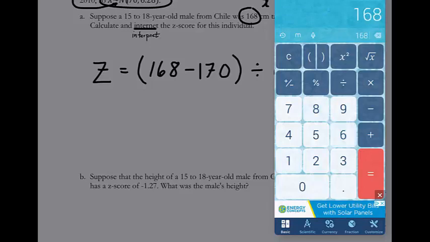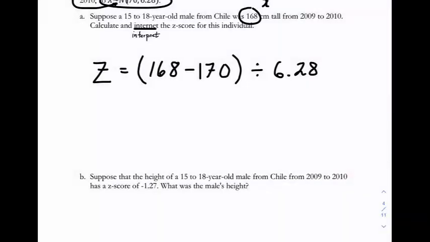So 168 minus 170 is negative 2. Negative 2 divided by 6.28 is negative 0.31847. We're going to round that to 4 places, but I want to note that that is a negative value, indicating that the height in centimeters is below the mean. So negative 0.3185.